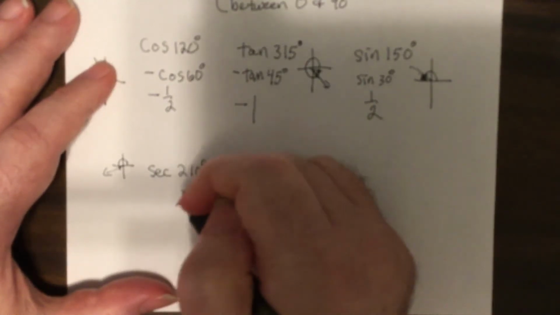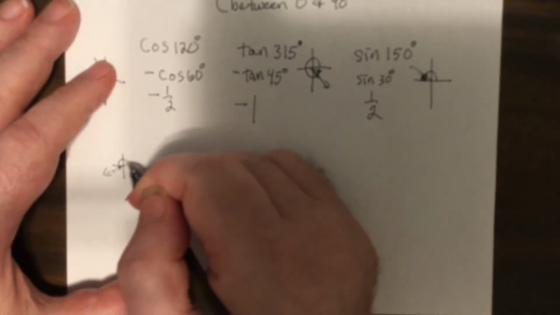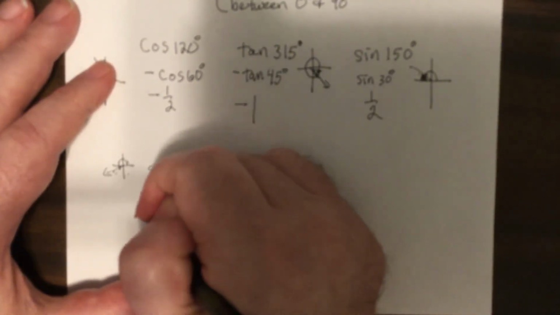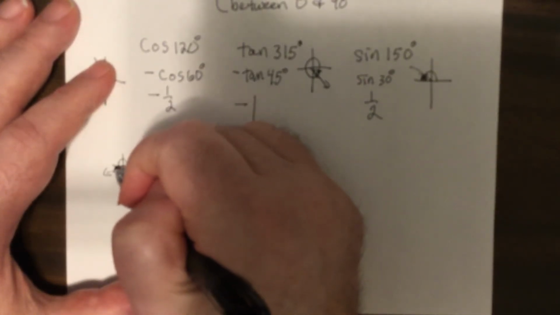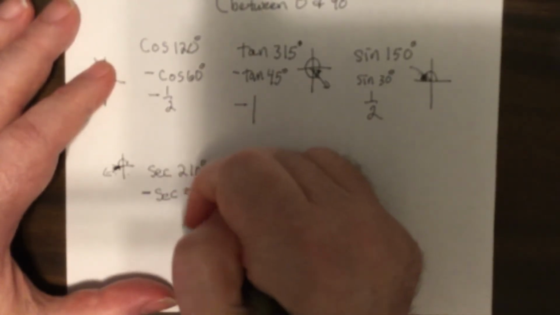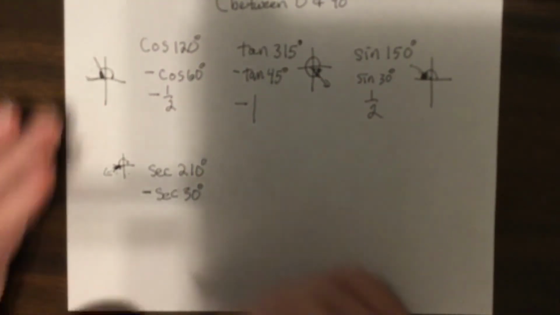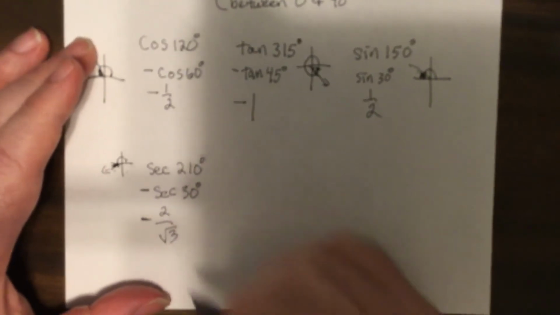So a secant, let's see, is negative in the third. The tangent, all students take classes. Tangent's positive. So it'd be a negative secant. And 30 degrees past, how many degrees is between? Now cosine of 30 is square root of 3 over 2, so this would be a negative 2 over the square root of 3.